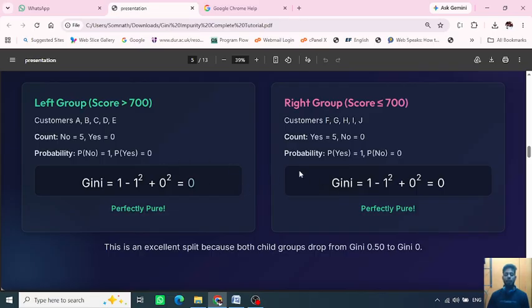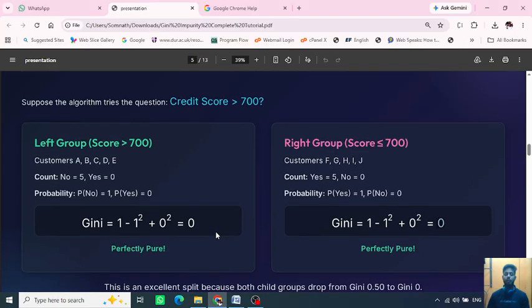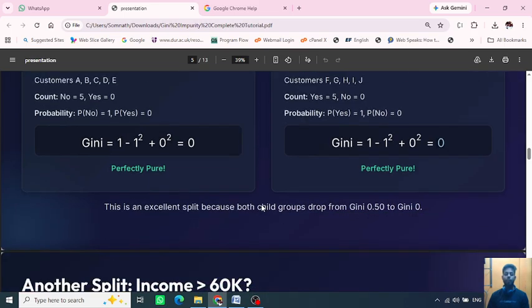Apply the same equation for the right group, and Gini is 0. So this is an excellent split because both child groups drop from Gini 0.5 to Gini 0. As I said before, if the Gini value is 0, that means a perfectly pure group.